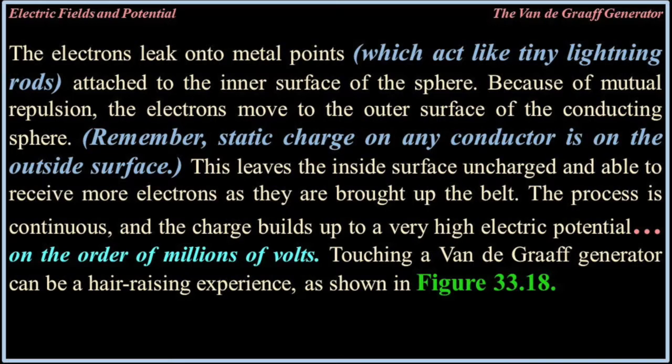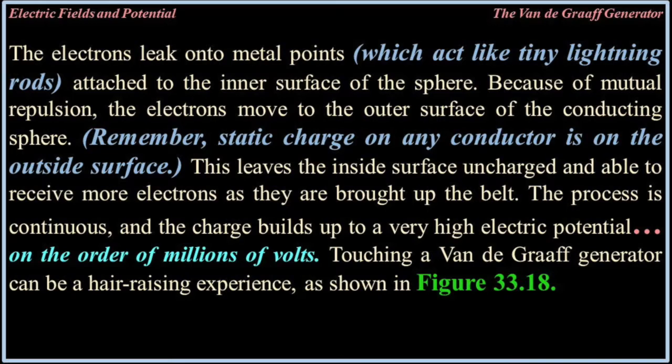Because of mutual repulsion, the electrons move to the outer surface of the conducting sphere. Remember, static charge on a conductor is on the outer surface. This leaves the inside surface uncharged and able to receive more electrons as they are brought up from the belt.